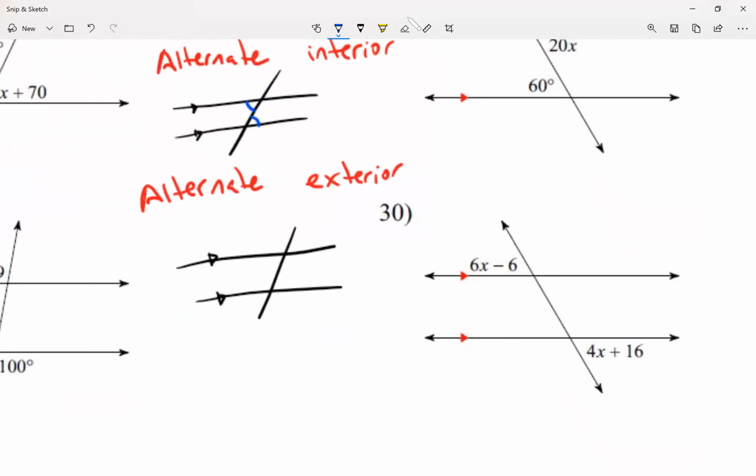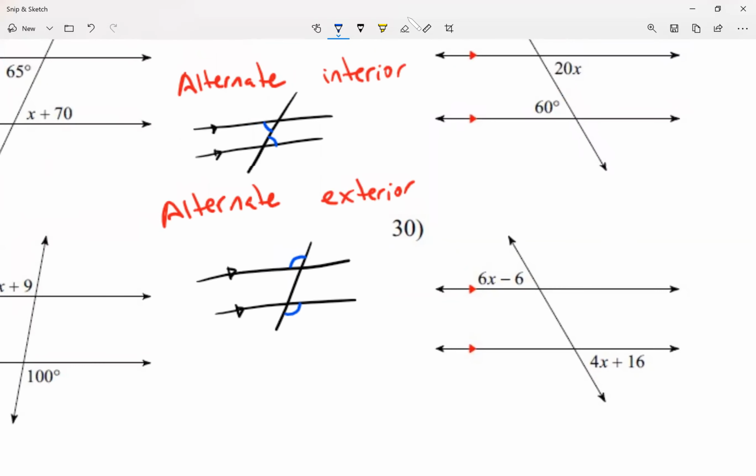An example of alternate exterior could be this angle with this angle. Alternate, different sides of the transversal. Exterior means not in between the parallel lines. Now, the interesting part is that alternate interior or alternate exterior will always give me equal angles.